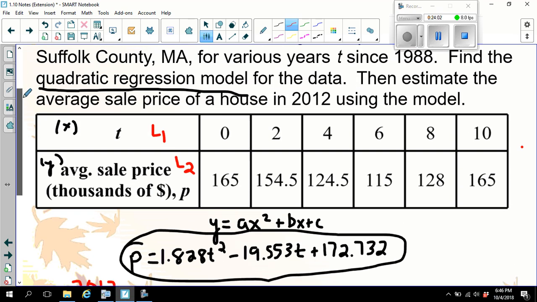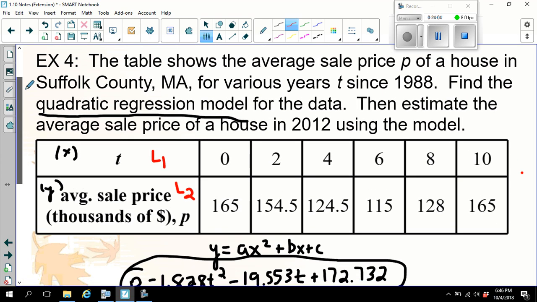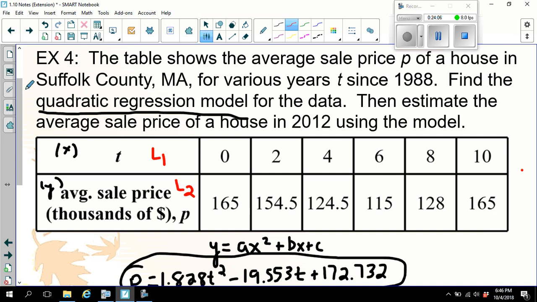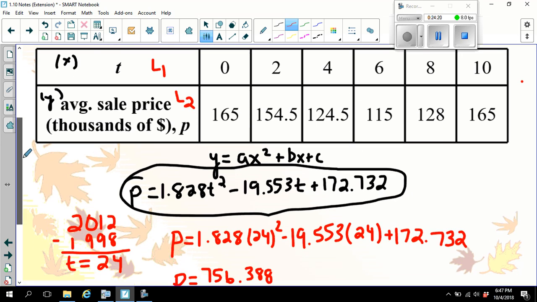Because we're trying to figure out how much a house costs. So remember, this says average sale price, thousands of dollars. To get that, we move the decimal over 3 places. That is one of the reasons why we rounded to 3 places, so we can get the thousands, okay?